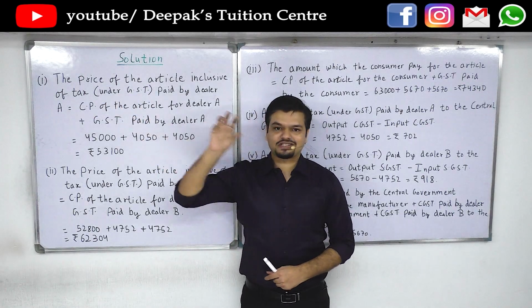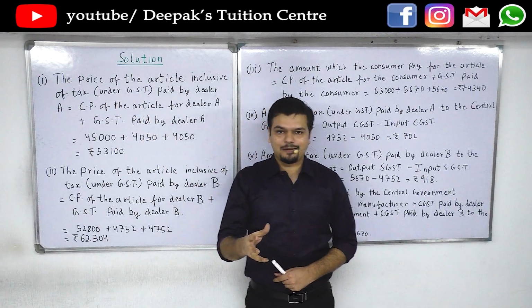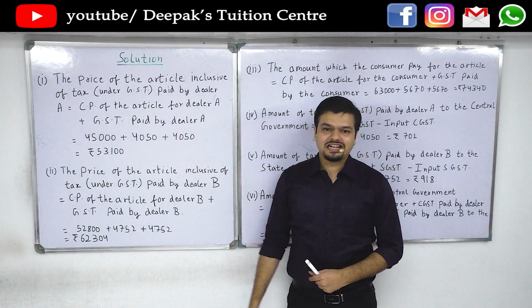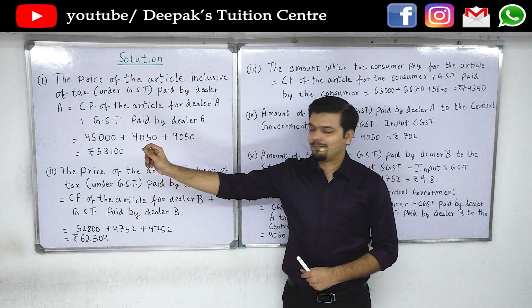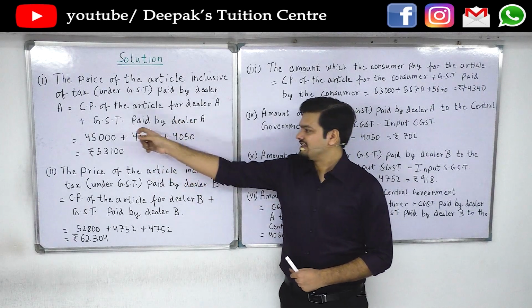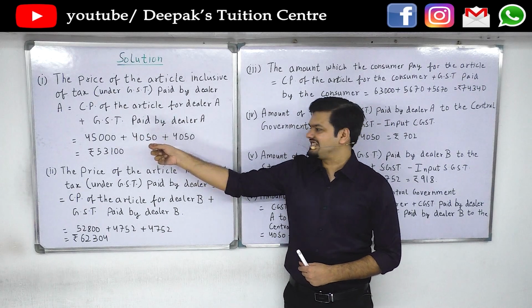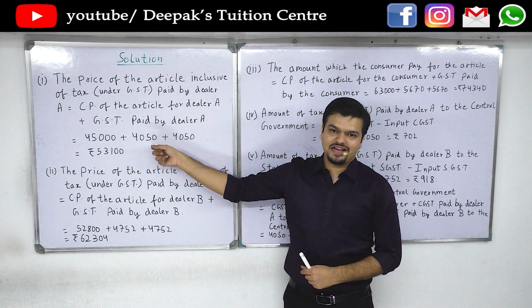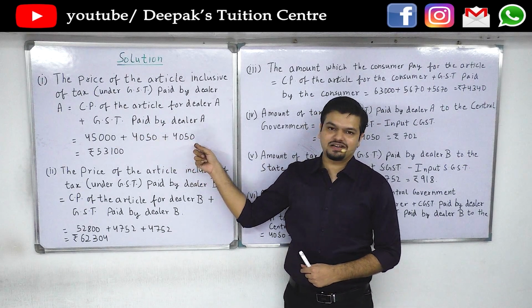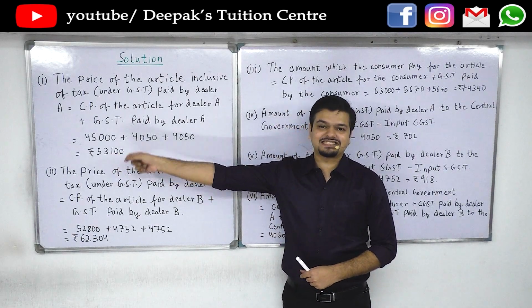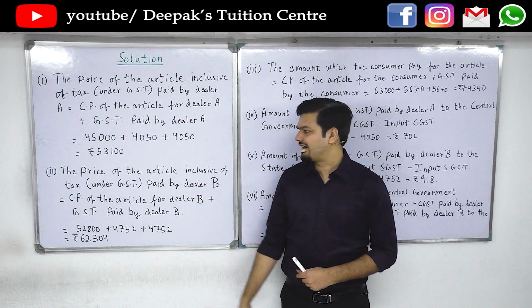The first amount was the cost price that the dealer paid for the article, and the second was the GST paid by the dealer. GST includes both CGST and SGST. So cost price was 45,000 plus input CGST of the dealer, that is 4,050, plus input SGST of the dealer, that is 4,050. So the total amount the dealer paid is 53,100.